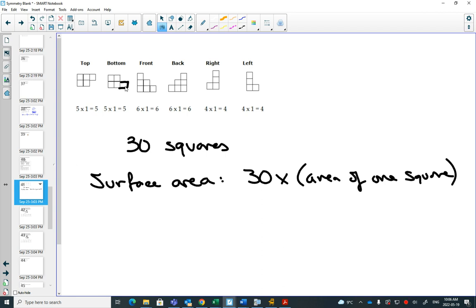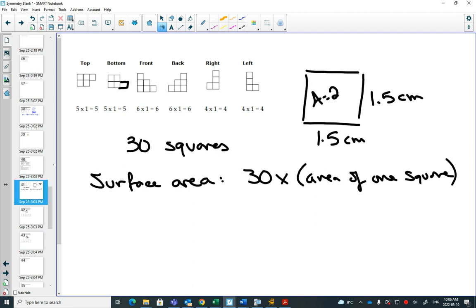So let's do it. We found out that 1 square, let's draw the 1 square, it was 1.5 centimeters by 1.5 centimeters. So the area of this one was 2.25 centimeters squared. The total surface area then is 30 times 2.25.